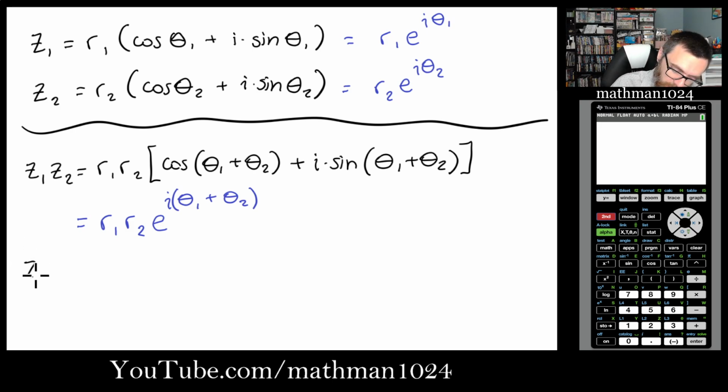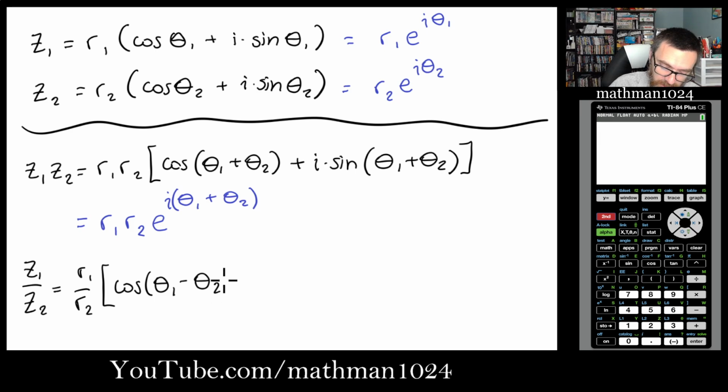Now, if I'm doing division, and of course, we're assuming here that z sub 2 is not 0, because just like with real numbers, you don't divide by 0 in complex numbers. So if you have division, you will be dividing those magnitudes, those absolute values, times cosine of theta sub 1 minus theta sub 2 plus i times sine of theta sub 1 minus theta sub 2.